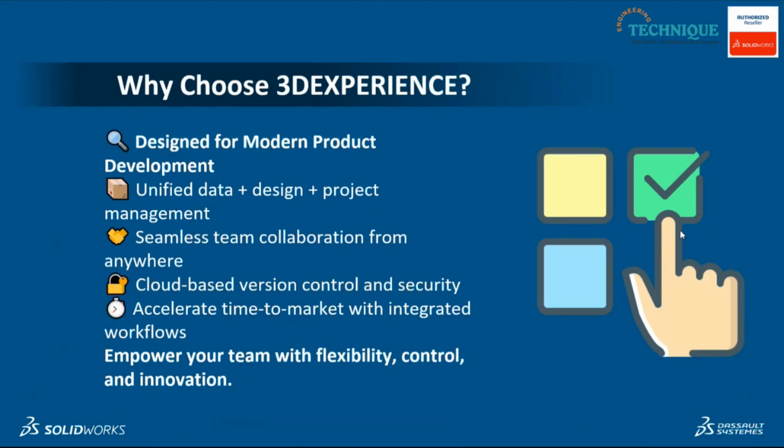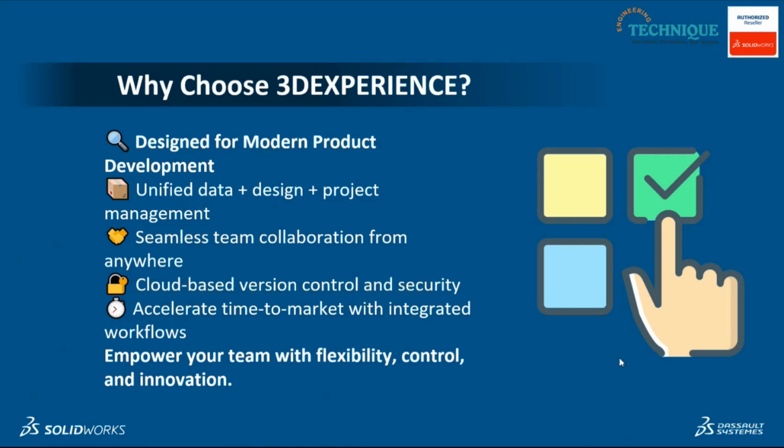So, why choose the 3D Experience platform? Because it's made for modern product development, where speed, collaboration, and control matter more than ever. First, it unifies everything: data, design, and project management, all in one place. It enables seamless collaboration whether your team is working from one office or another, or even from home.